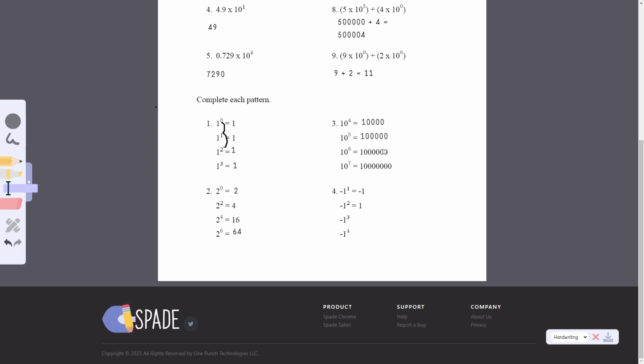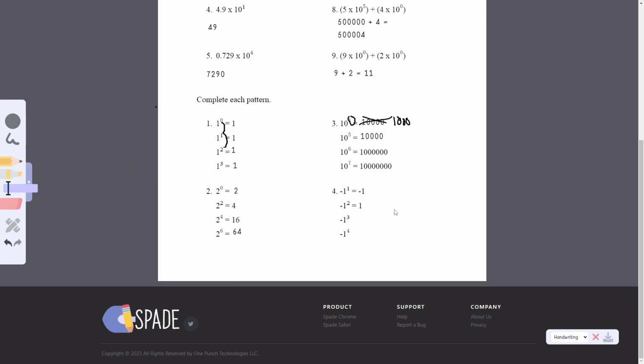Alright, one second, just double checking the answers. No, this would be 10,000. I thought so. This number would be 10,000, and this number, if I can edit it, would be 1,000 and not 10,000. So let's change that. This number will be 1,000 because it will be 1 followed by the exponent number of zeros.